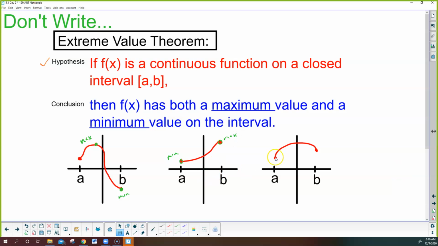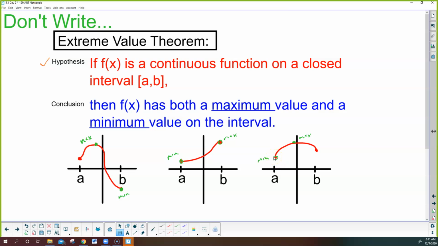And then over here, you can see one of the endpoints is the minimum, and somewhere up here is the maximum. So I just wanted to show you this picture to show you that maximums or minimums can occur at endpoints, and sometimes it's only the endpoints, or sometimes the function goes up and then down, and a maximum is somewhere on the function, not at the endpoint. So it's just the difference of what your function looks like, and that's the importance.